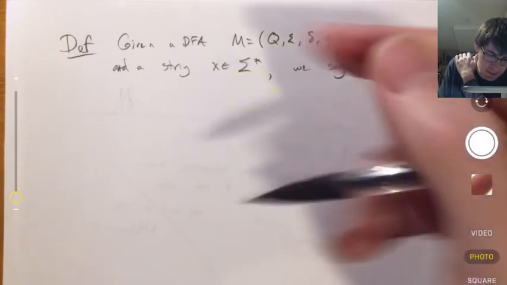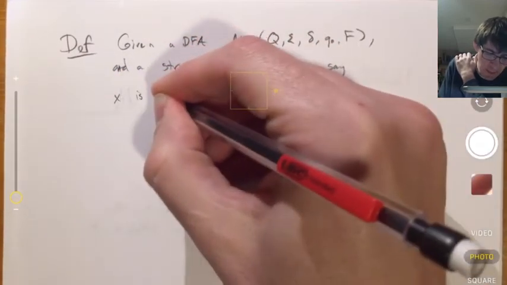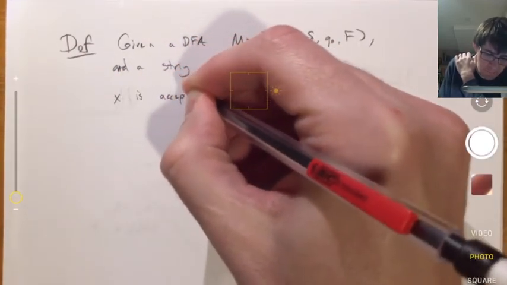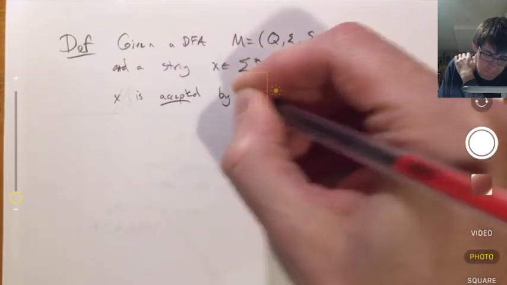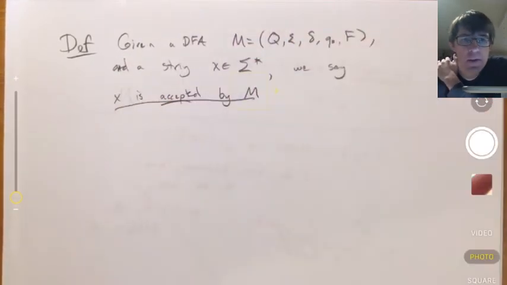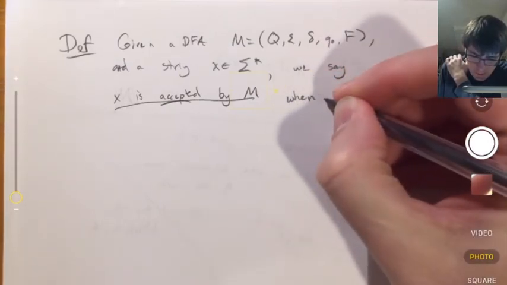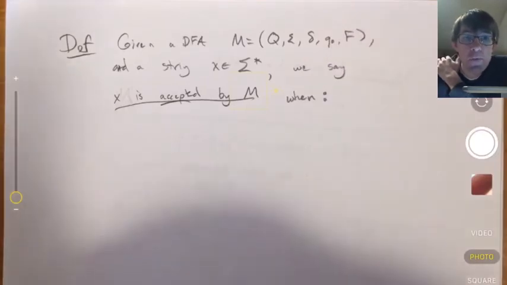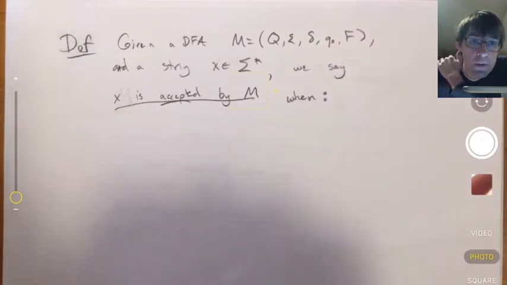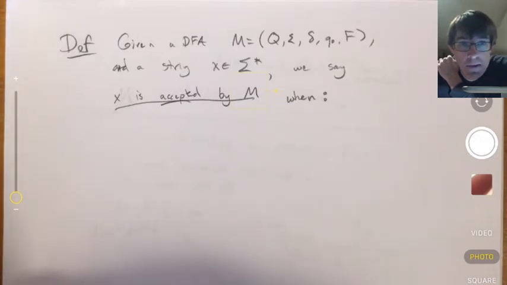X is accepted by M. This is what I'm defining. This is the definition of what it means to be accepted. X is accepted by M when, informally speaking, if you start in the starting state and you do X, it ends in an accepting state. Anyone want to try and write that out in this formal language here?